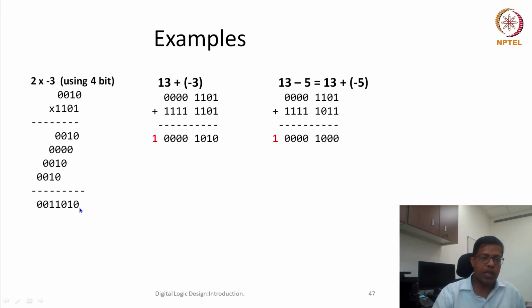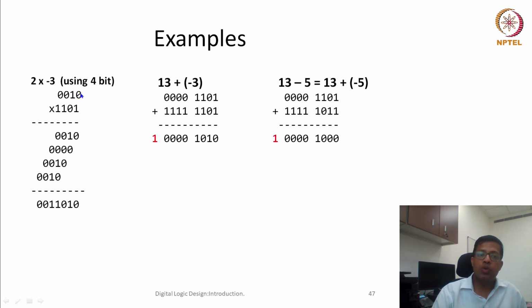If I add, then 0 can directly come here as 0, and this is 1, and in this row these are all 0, so output is 0. In this row there is only 1, so output is 1. In this row there is only 1, so output is 1. Similarly we can do this partial addition, and as we mentioned earlier, we are not going to consider overflow.